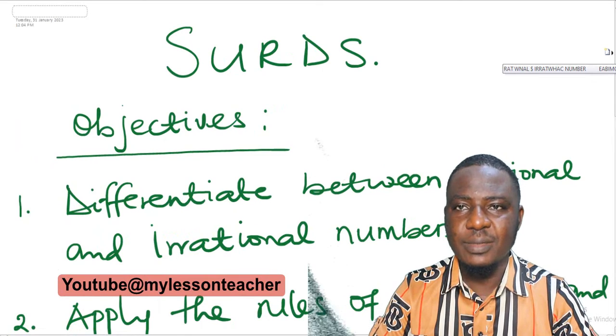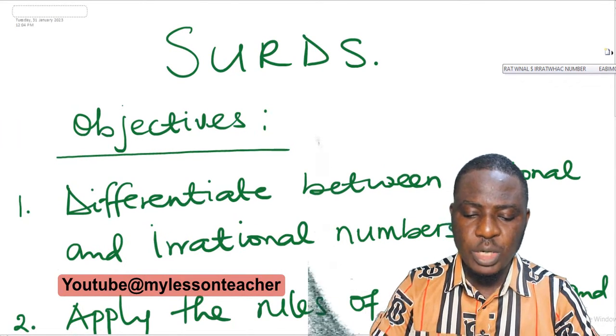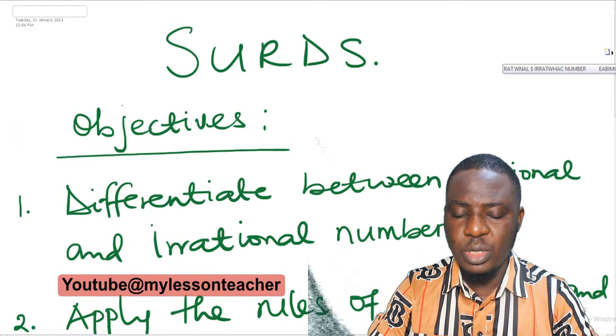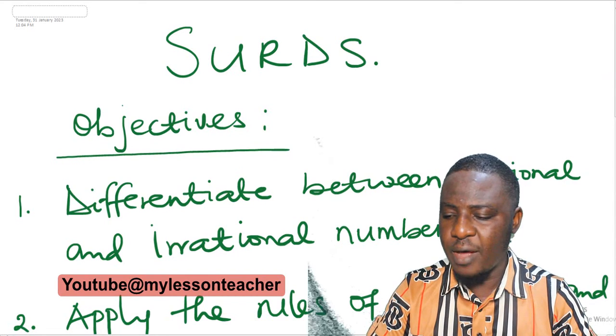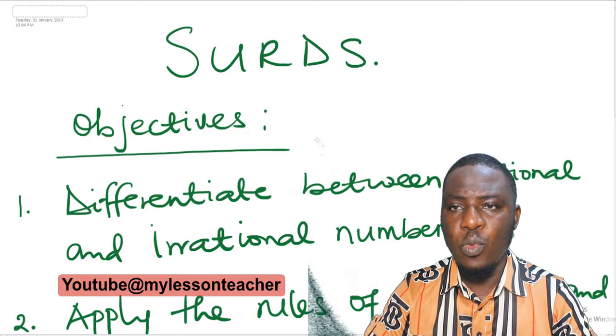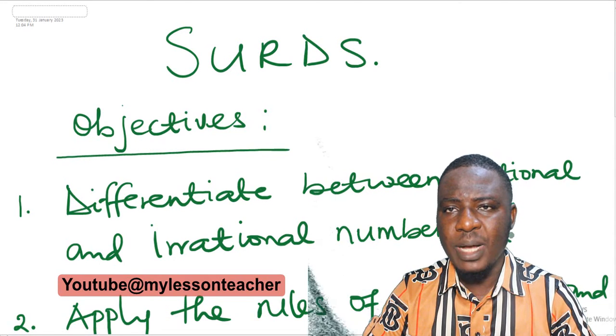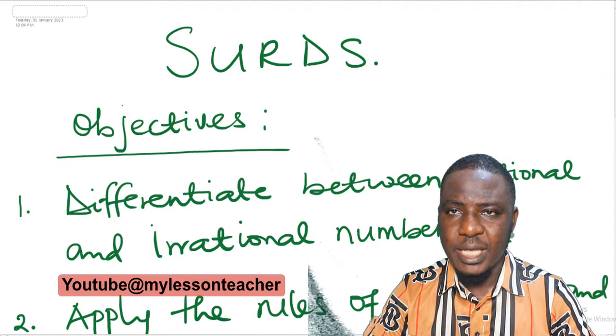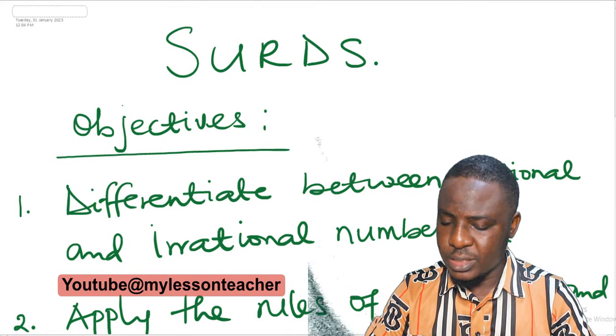At the last class, we looked at the first objective, which says to differentiate between rational and irrational numbers. And I think we have done justice to that, where we defined rational numbers as those numbers that can be expressed as a ratio of two factors, a over b, where b, which is the denominator, is not equal to 0.